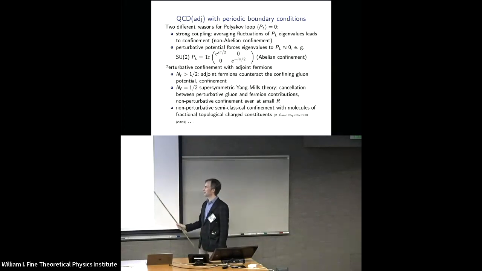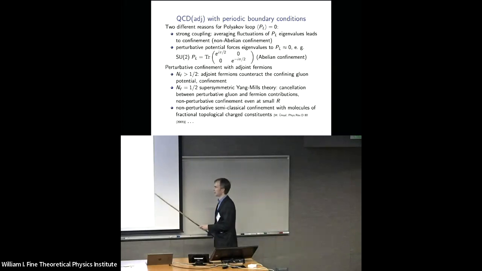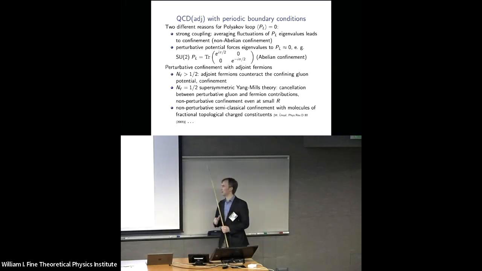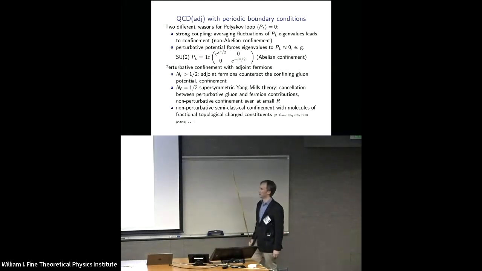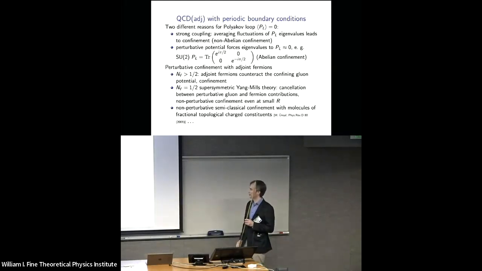Whereas in the perturbative regime with a larger number of fermions, you get fluctuations around the configuration of the Polyakov loop eigenvalues, which just puts you to a 0 Polyakov loop. And therefore, usually these two different reasons for this confined regime are called non-abelian and abelian confinement in some works.